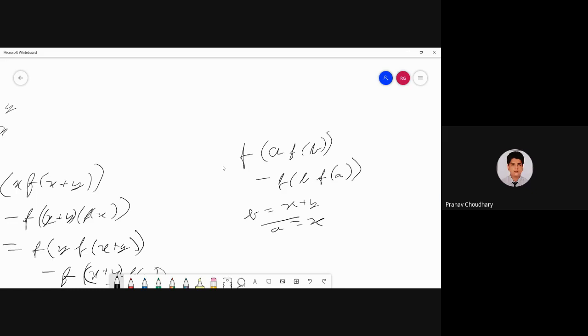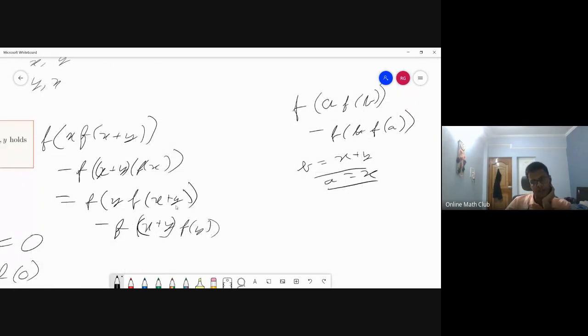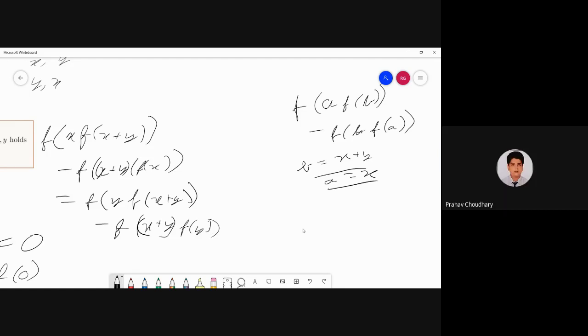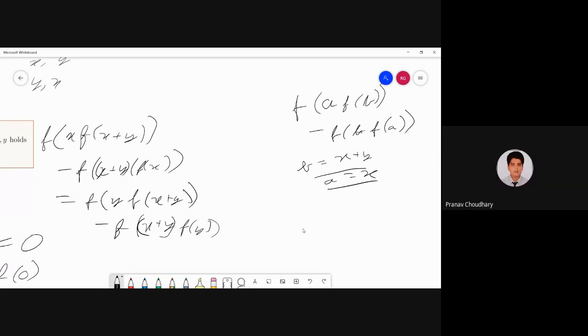Oh, b can be anything actually, right? We can vary y over R. But the second is also dependent on our choice of a and b. Someone in the chat wrote an idea.